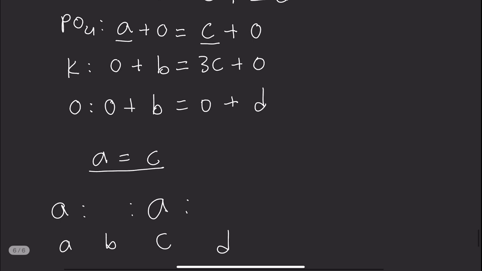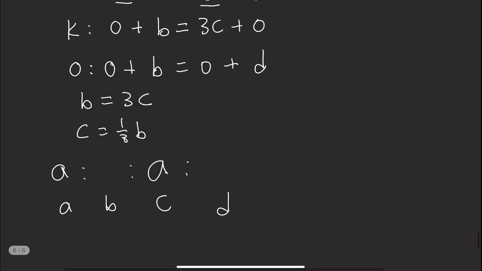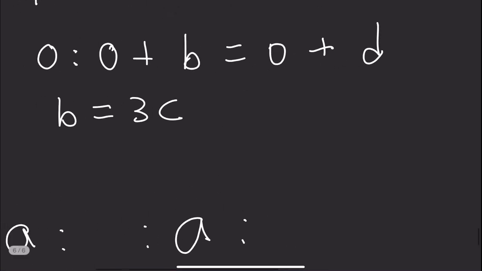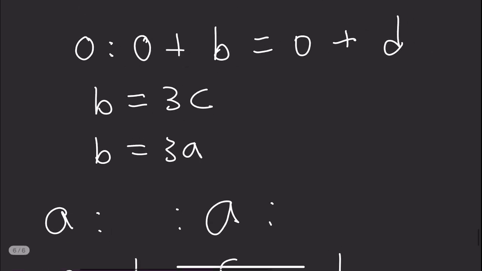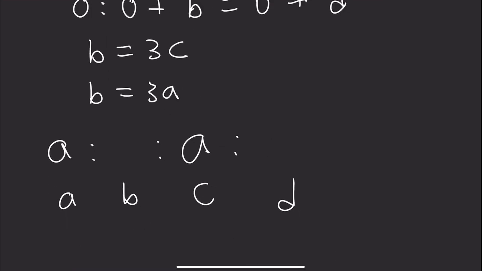Now, it says B equals 3C. Sorry, let's do that again. B equals 3C, which means B equals 3A, right? So in the place of B, we can put 3A in.